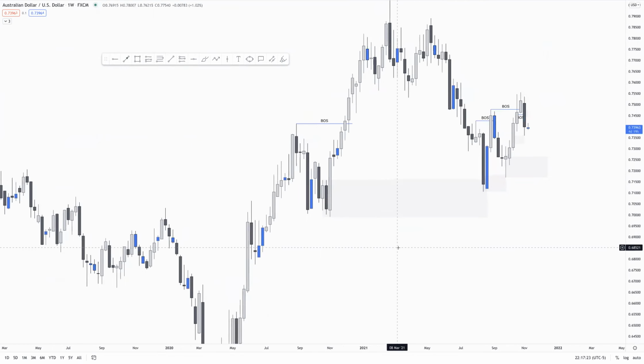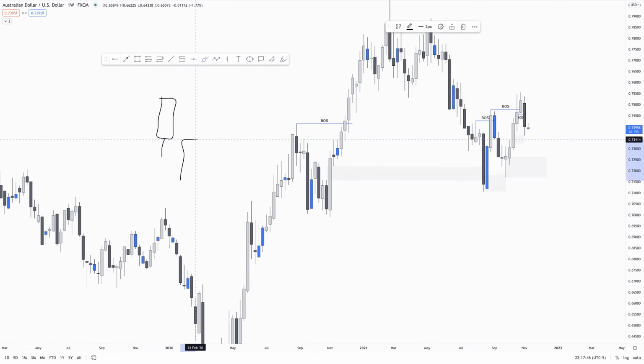Inefficient pricing occurs when there's only buying or only selling. And we can see here clearly that there is or was inefficiency in the market. We had a gap in price from this wick to this wick. When I say gap, I don't mean a literal price gap, like a candle here and then one that opens all the way down here.